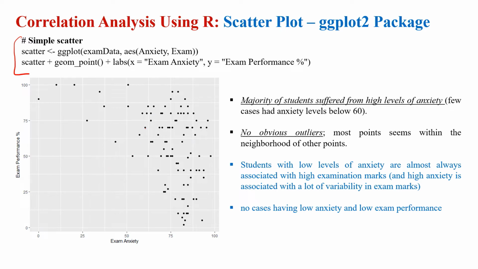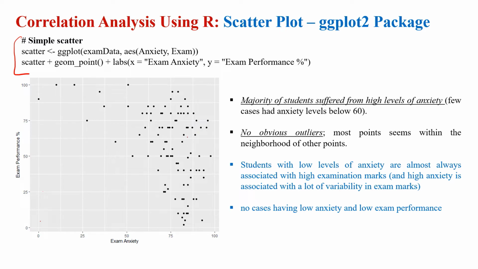The second thing we can find out is that there is no outlier, which means all the data points are lying in the neighborhood of each other. There is no extreme point, such as a data point lying over here or over here, away from the other data points.